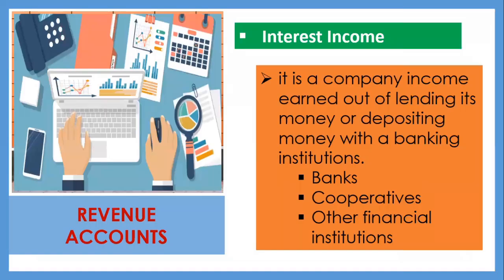Now, what do we mean by interest income? When we say interest income, it is a company's income earned out of lending its money or depositing money with a banking institution. Banking institutions can be banks, cooperatives, and other financial institutions. So these are the institutions that earn interest. Let me show you an example of an income statement.